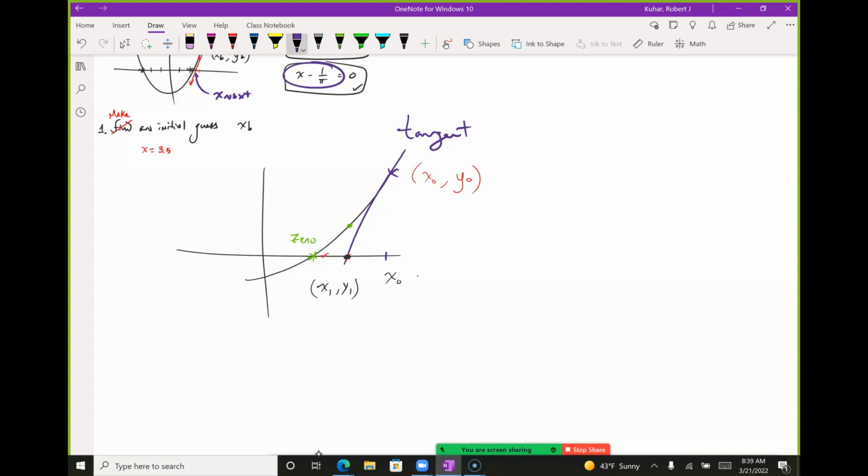Yes. But we know this tangent line, right? What's the slope of this tangent line? Its slope is like y1 minus y0 over... Yeah. Better is f prime of x naught, right? Do the derivative, right? You're right, Marcus.